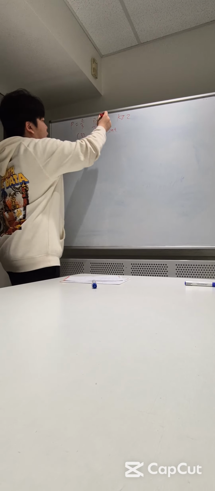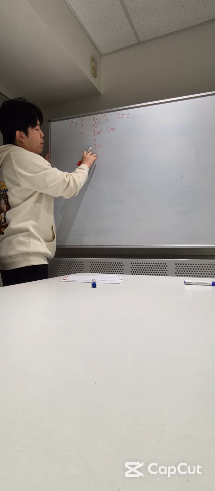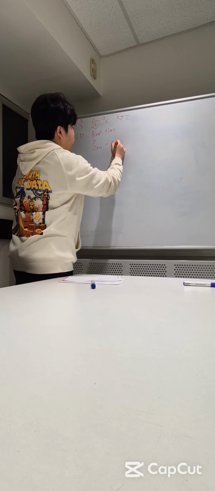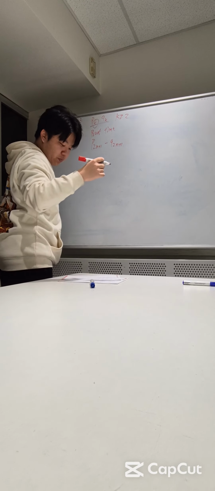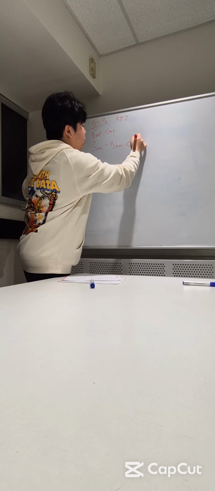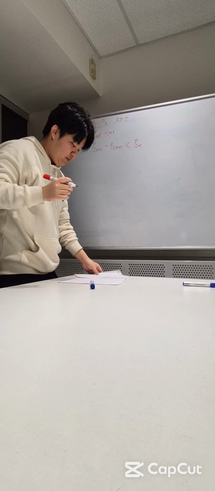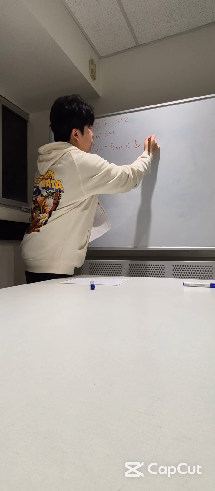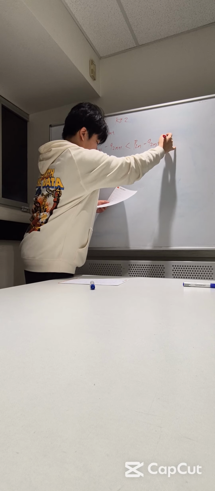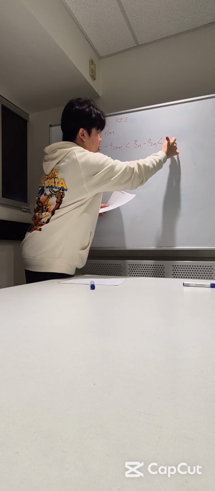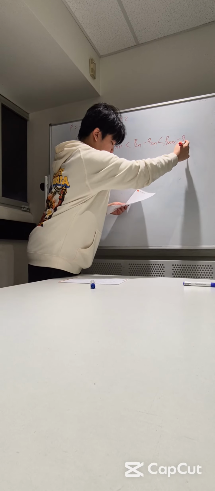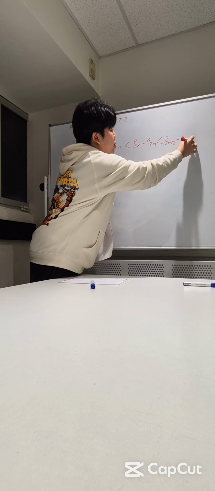So we have to prove that p 2n plus 1 minus q 2n plus 1 is less than p 2n minus q 2n, which is less than p 2n plus 2 minus q 2n plus 2.